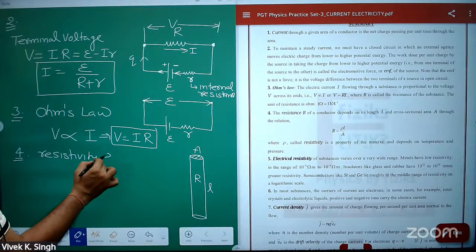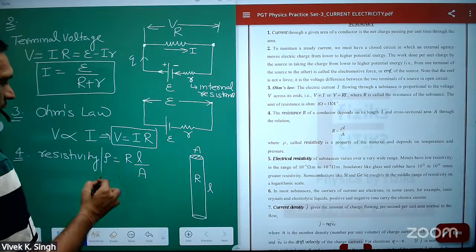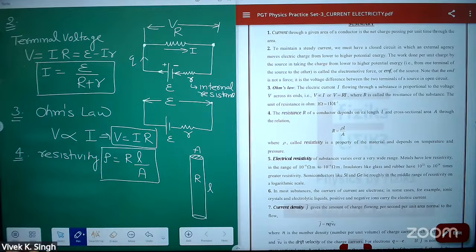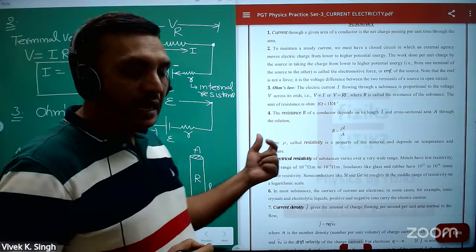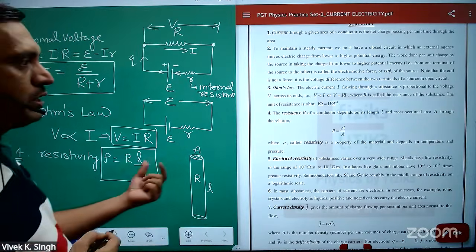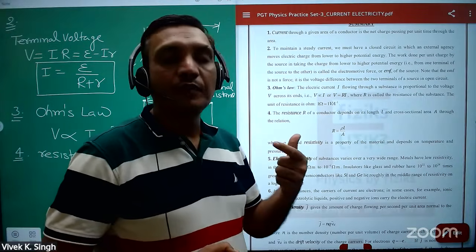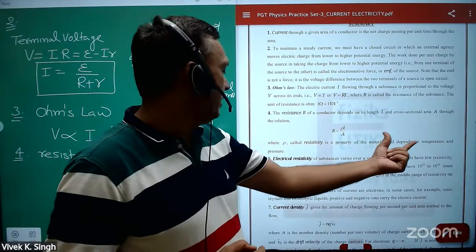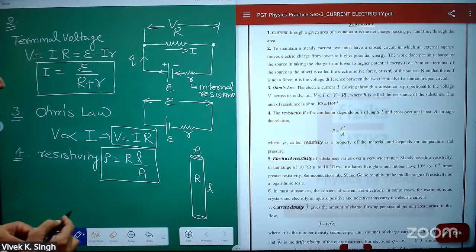Resistivity rho is given by RA by L. L is the length of the conductor, A is the cross-sectional area, R is the resistance of the material, and rho is called the resistivity. And resistivity is the property of the material that depends on temperature and pressure. Is it clear?